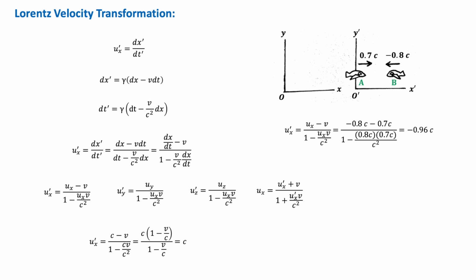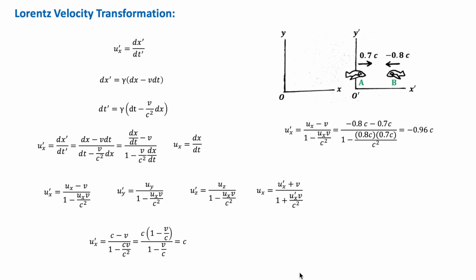So we will now discuss the Lorentz velocity transformation, which is the relativistic transformation valid for all speeds from 0 to c, okay? So as before, suppose S is at rest and S dash is moving with a speed v relative to S, and suppose that an object is moving relative to the frame S dash, with an instantaneous speed ux dash equal to dx dash over dt dash, okay?